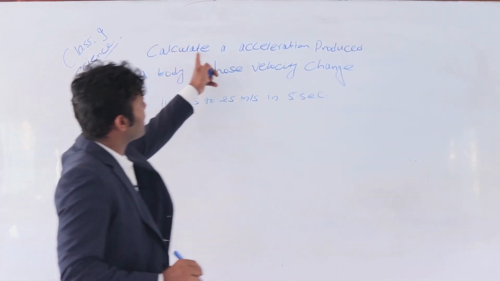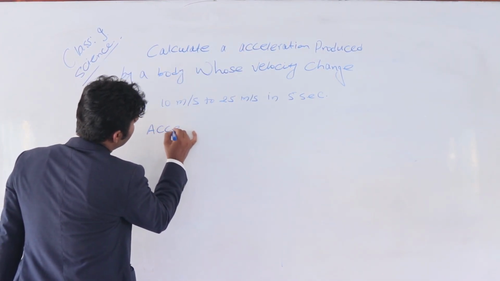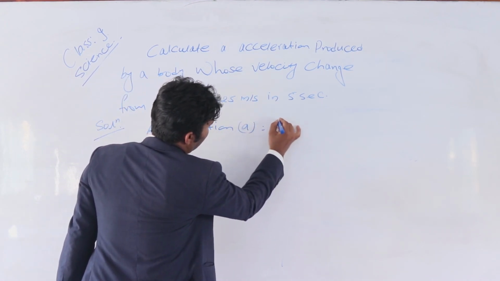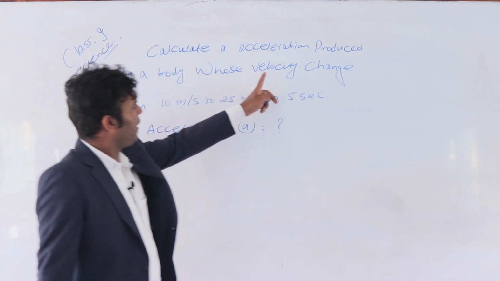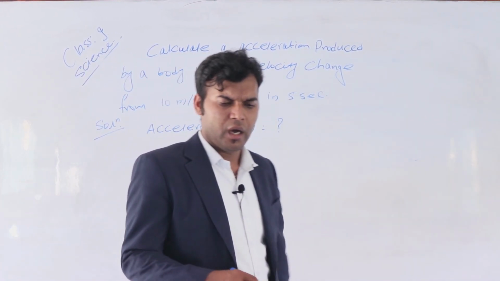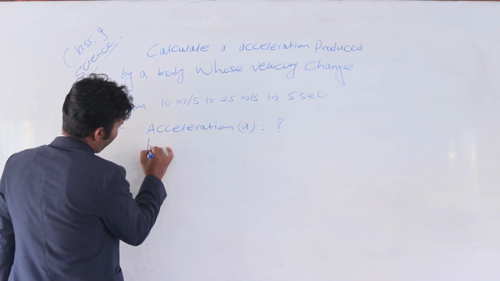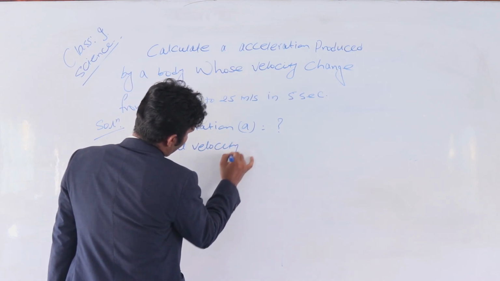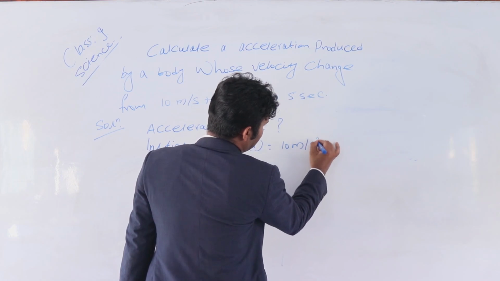Here, calculate the acceleration produced by a body. It means that acceleration a is equal to what? When the velocity changes from this, it means the initial velocity u is equal to 10 meter per second.